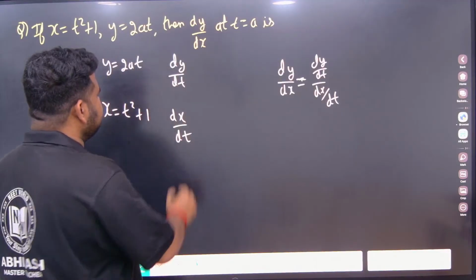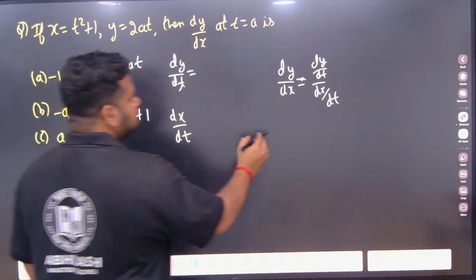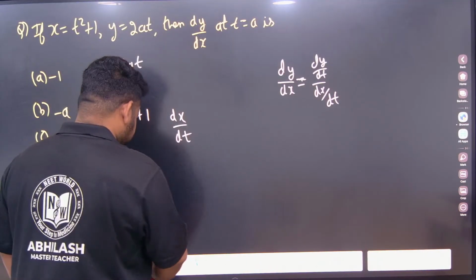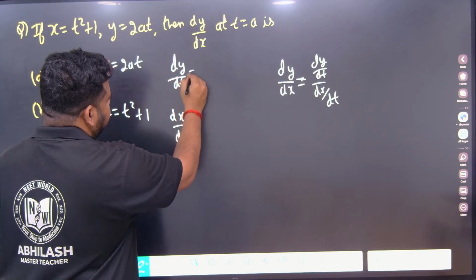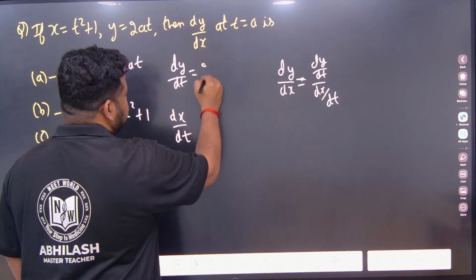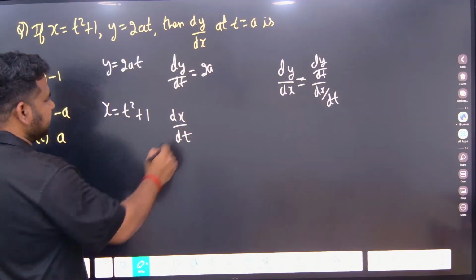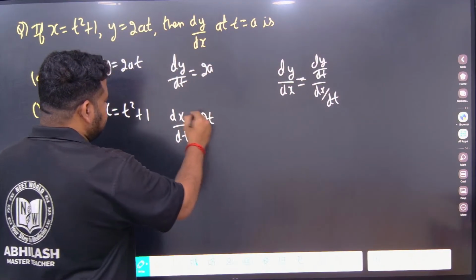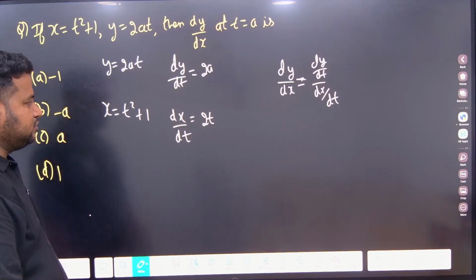Now dy by dt: we have 2at, and the derivative of t is 1, so it is 2a only. For dx by dt: the derivative of t square plus 1, where plus 1 is a constant and its derivative is 0, is 2t.